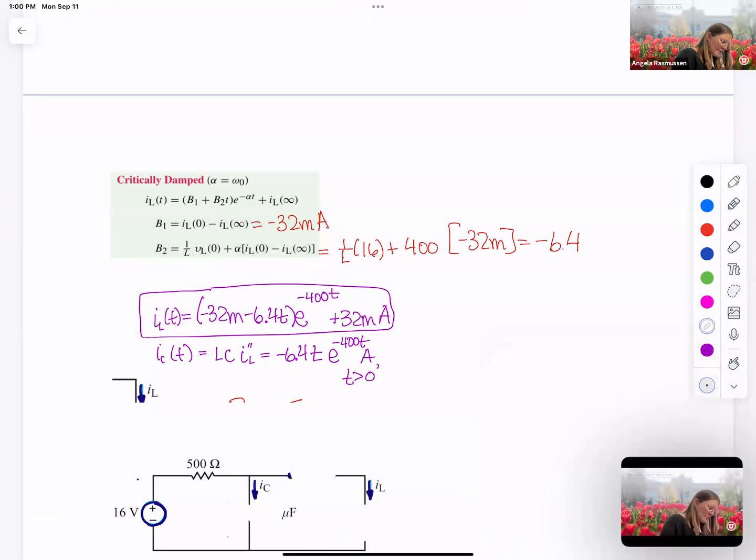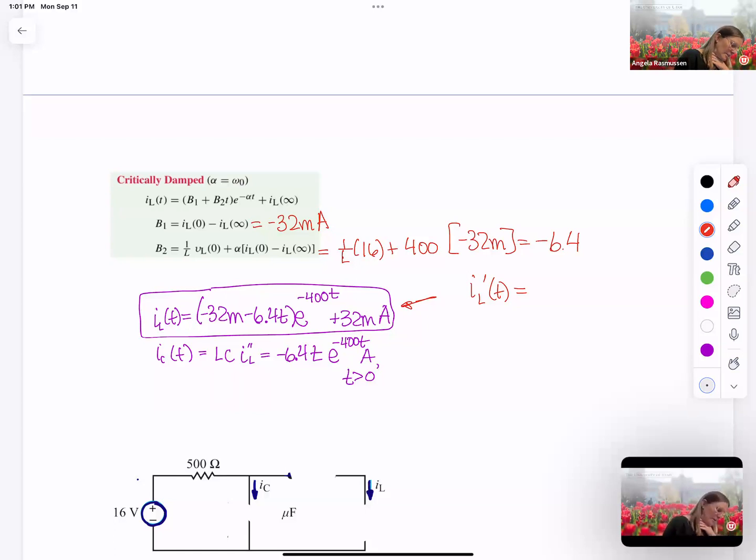All right, so from this, I just plug in the B1 and B2. And that gives me the equation for IL. And then I have to differentiate IL twice. So if I differentiate IL one time, you guys remember the properties of the exponent raised to a number, differentiating it?